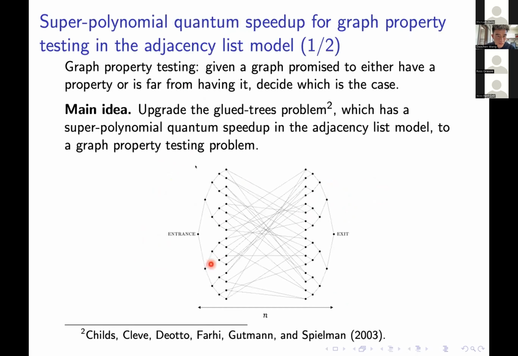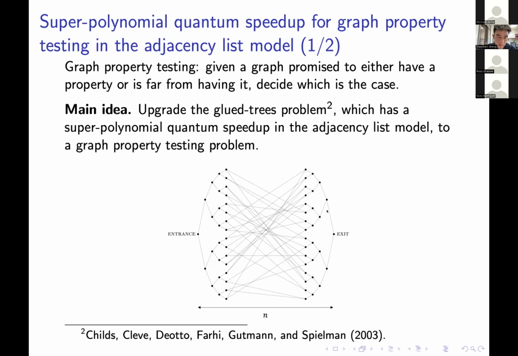Now, we show that there's a super polynomial quantum speedup for graph property testing in the adjacency list model, where property testing means that you're given a graph that is promised either to have a property or is far from having it, and you want to decide which is the case. Graph property testing is a central area of study in theoretical computer science due to its rich history, surprising results, and widespread applications.